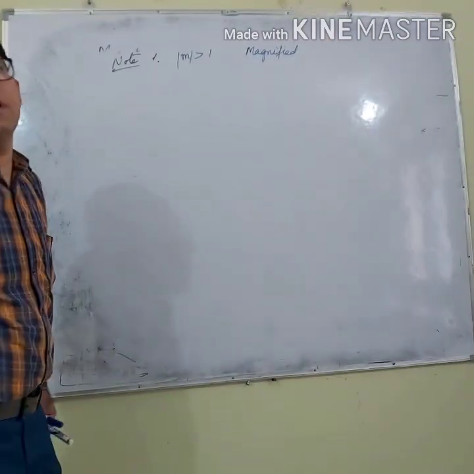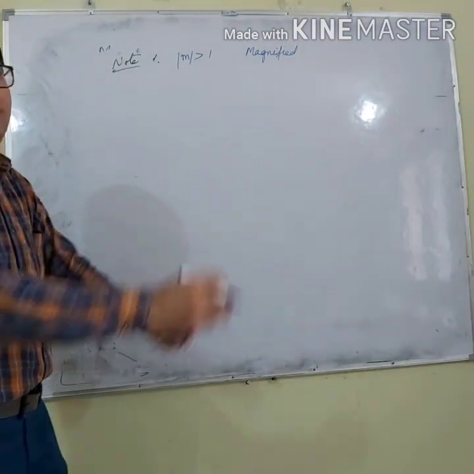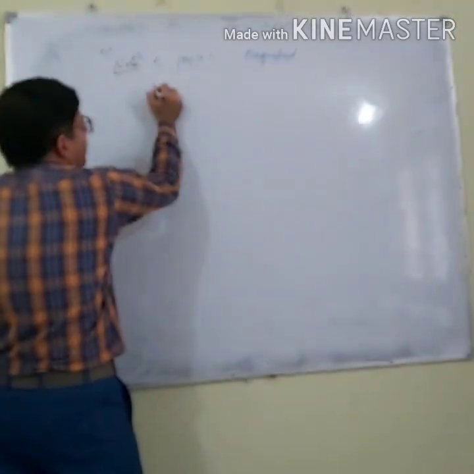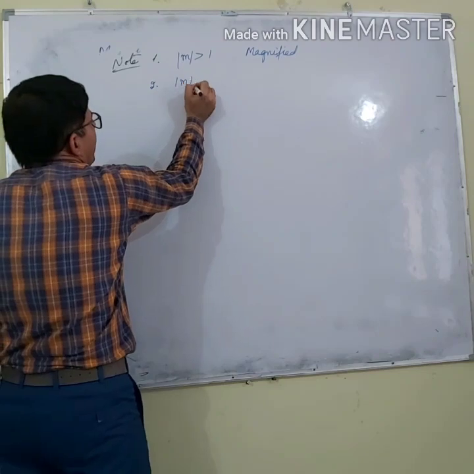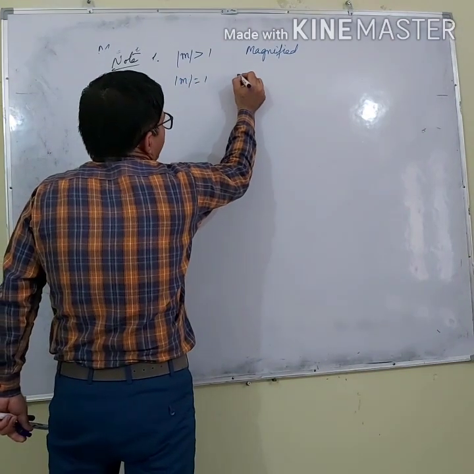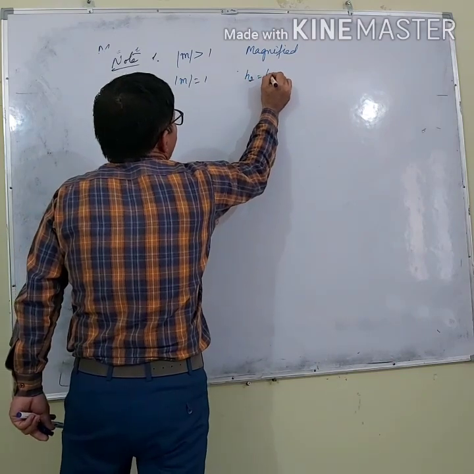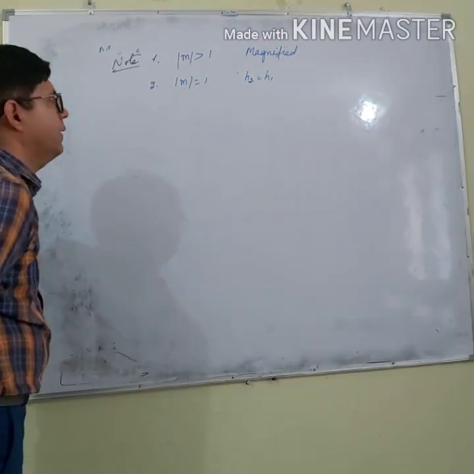The image formed in the previous case was magnified because the image size was greater than the object size. Second point: if M equals 1, it means the height of image is equal to the height of object.